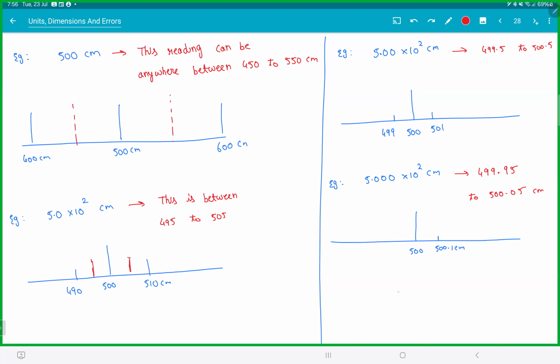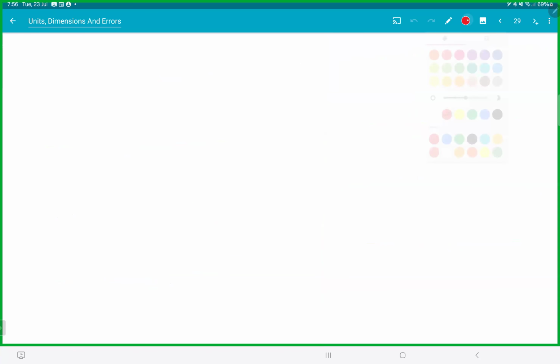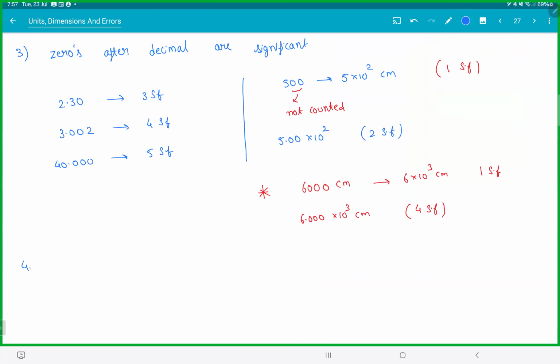Clear with this? There's a 4th rule. I can write it here only. Constants of infinite SF. Example, if you tell me number 3, for example, how many apples are there? 3 apples are there.